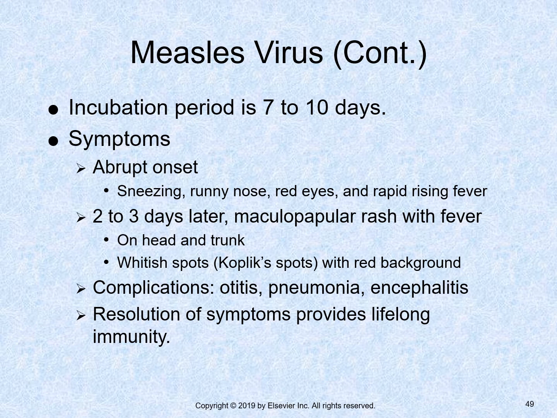About 2 to 3 days later, a maculopapular rash appears on the head and trunk. Koplik spots, which are lesions on the oral mucosa consisting of irregular red spots with a bluish-white speck in the center, generally appear 2 to 3 days before the rash and are diagnostic of the measles virus.